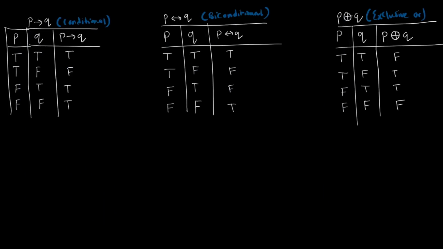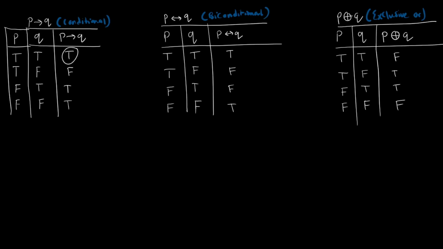Okay, so our next one that we're going to be looking at is the conditional, so basically an implication. Again, we're using the same setup with our P being T, T, F, F, while our Q is being T, F, T, F. So our implication is a little interesting. If we have true and true, we'll get true.